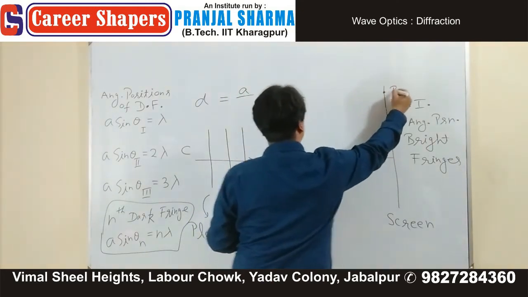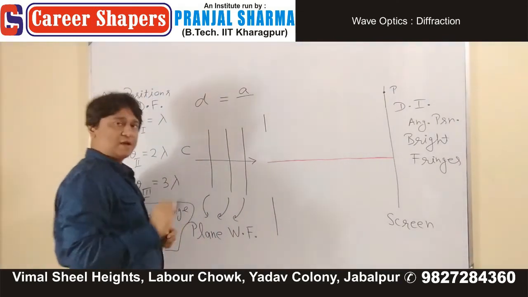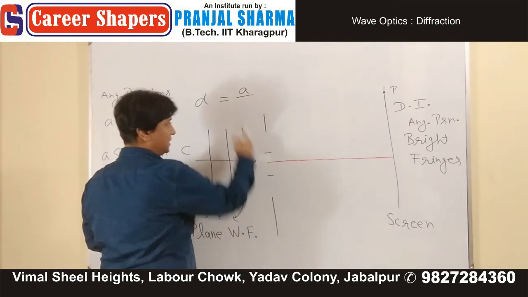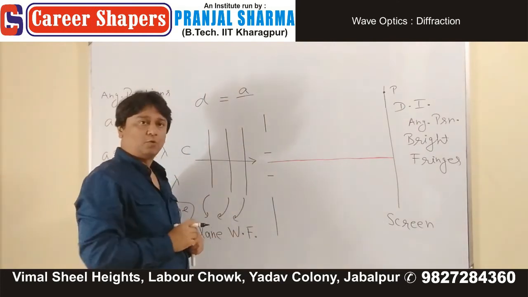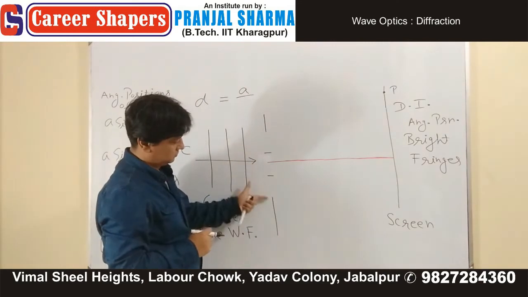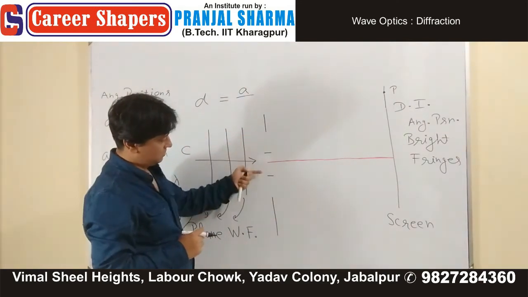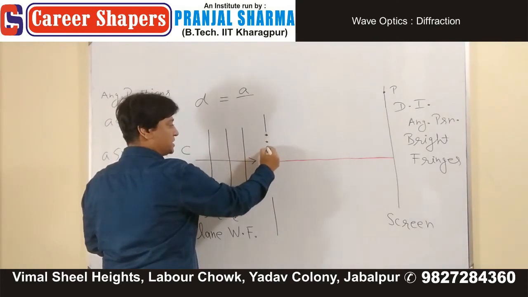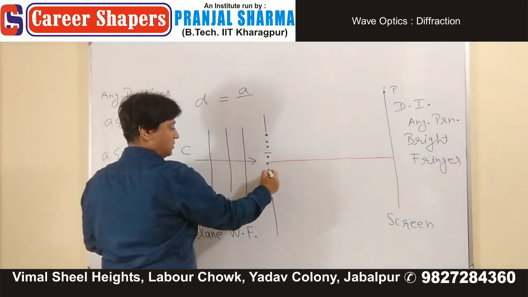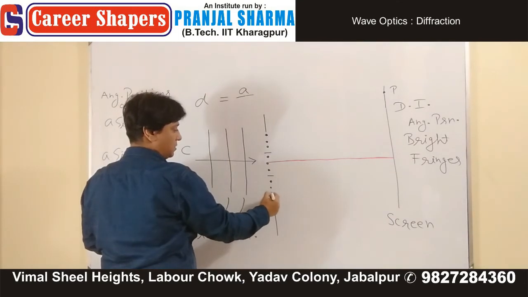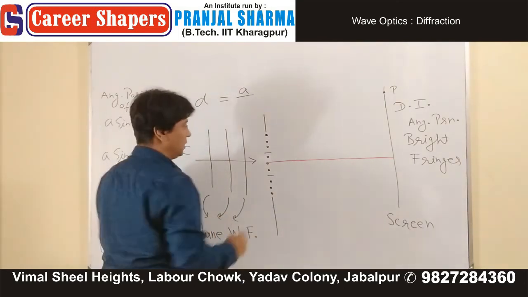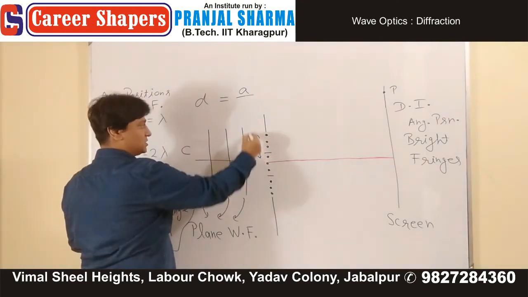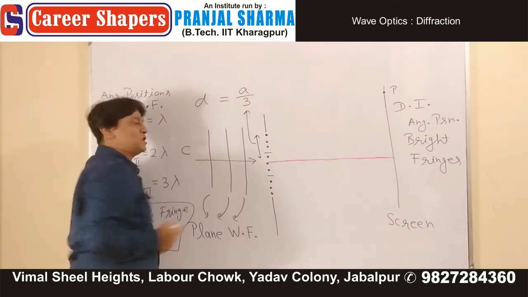Say we have a point P, and this time we'll divide the slit size into 3 equal parts. First, second, third. There are secondary sources present. Between first and first, the path difference will be what?